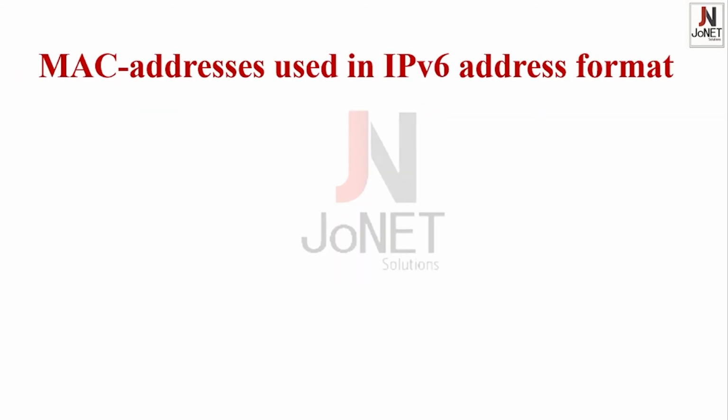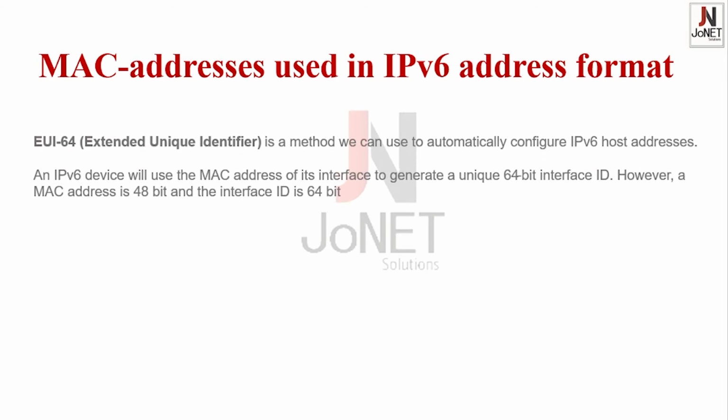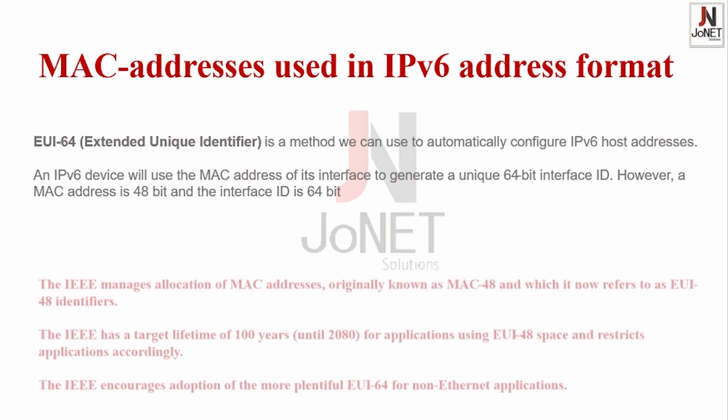The MAC address is used in the IPv6 address format also, because we already learned in our previous session that IPv6 is a hexadecimal numbering system. Both alphabets and numerals combined represent the hexadecimal. The extended unique identifier is a method we can use for automatically configuring IPv6 host addresses. IPv6 devices will use the MAC address of the interface to generate the unique 64-bit interface ID.